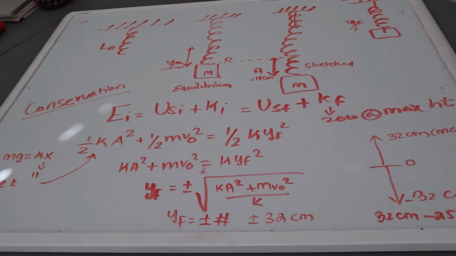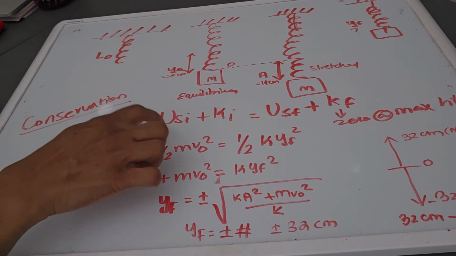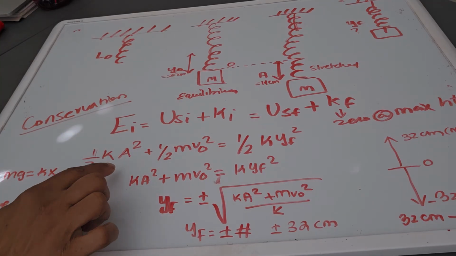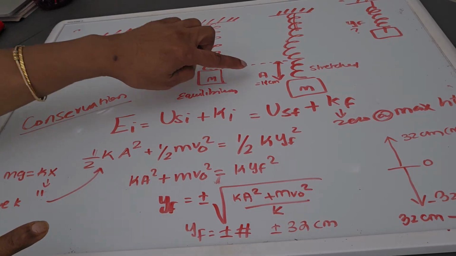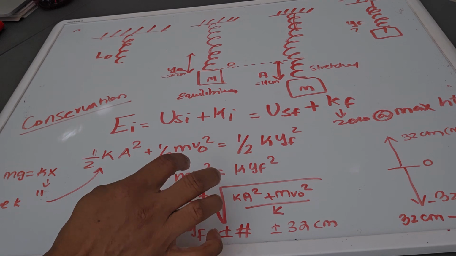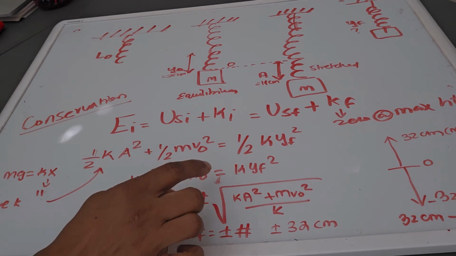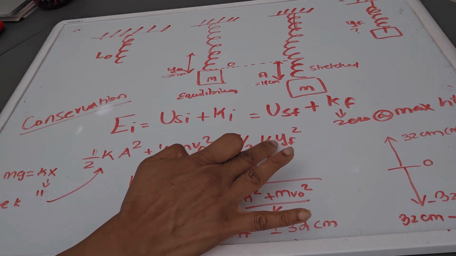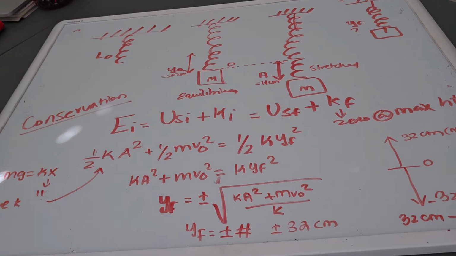And finally, we'll have a spring potential, and we will not have a kinetic energy there, because remember, at the extreme positions in springs and pendulums, kinetic energy is 0 at the maximum height. So spring potential is given by half kx squared, where x is the distance that we have stretched, and then 1/2 mv0 squared, and then 1/2 k, the final y position that we are going to solve.